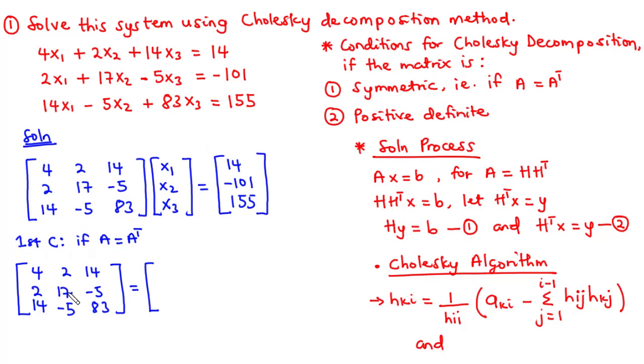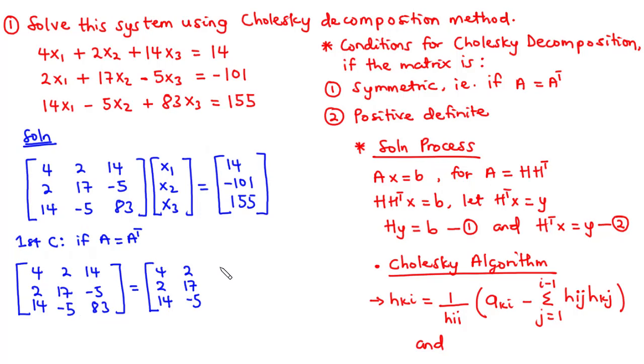A transpose. So for A transpose, to find A transpose, we are basically going to make sure that each row becomes a column here. So here we have 4, 2, 14 for row 1. So we are going to make sure that this becomes column 1. So we have 4, 2, 14 becoming an entry for column 1. And then for column 2, we have 2, 17, negative 5.